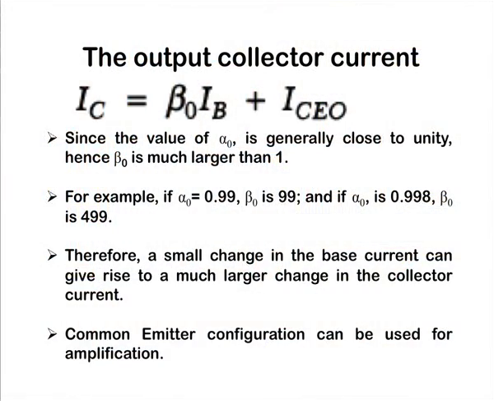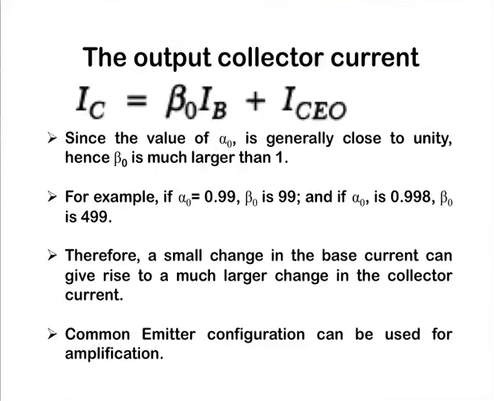So, our common emitter current gain factor beta is more than 1, 99 or 499, and in this configuration we get amplification. A small change in base current is multiplied by 99 or 499, depending on alpha 0, so our output current is amplified by 99 or 499 times the input current. So, we can use this configuration for amplification applications.